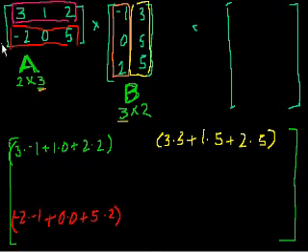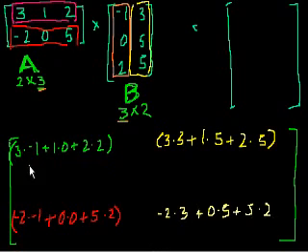Let me see, I don't like this color at all. And now we're going to multiply this row, because we're in this bottom row. We're in row 2, column 2. So it's minus 2 times 3, plus 0 times 5, plus 5 times 5.